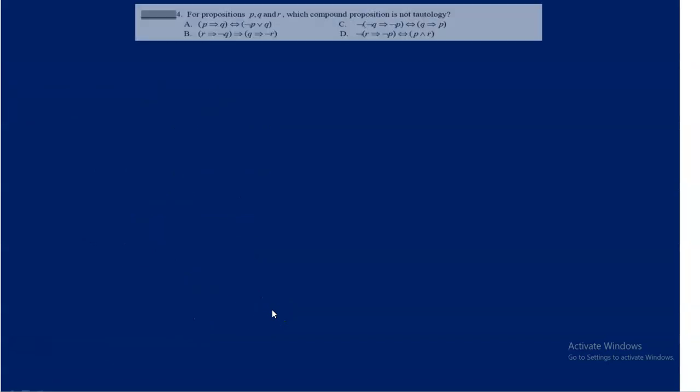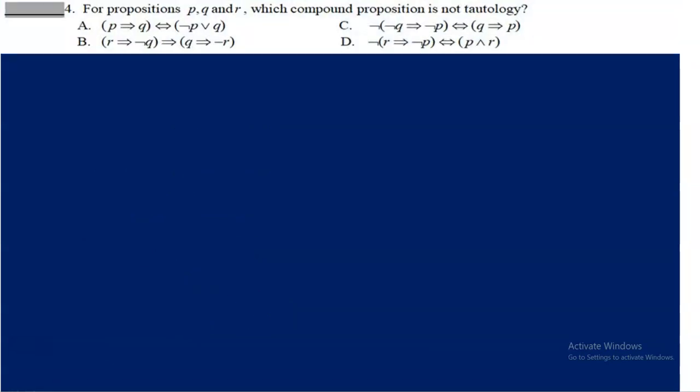And next from this, what follows is the fourth one. It says: for propositions P, Q, and R, which compound proposition is not a tautology? Basically, students, you have to know what a tautology is. A tautology, as you know, is a compound proposition having truth value true for whatever truth values are assigned to each proposition.